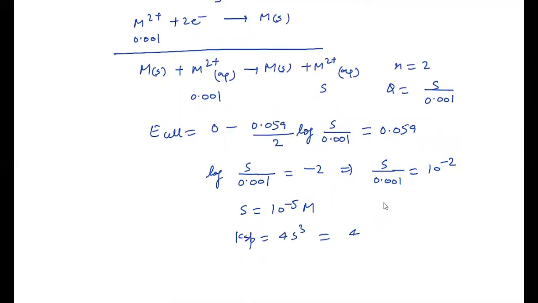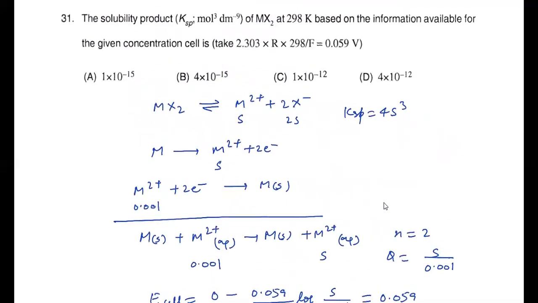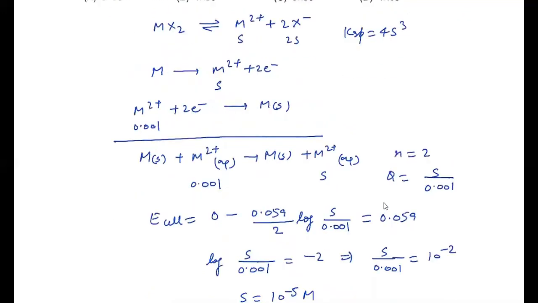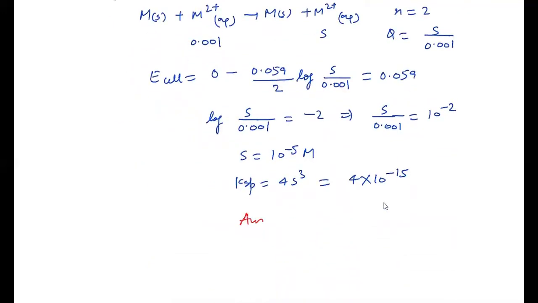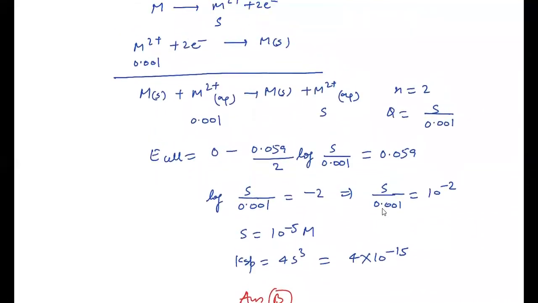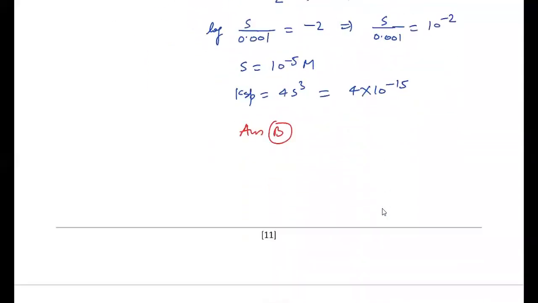This comes out to be 4 into 10 to the power -15. So with this calculation, the answer is B. So answer will be B for this question. Okay. So here the only thing you have to take care of is that for a concentration cell, E naught cell is 0, and you have to write the equations carefully. After that, solubility is 4S cube, that you can simply calculate.